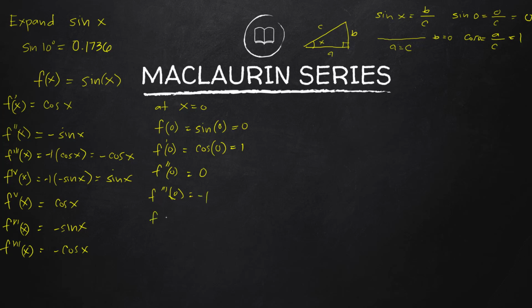Continuing, we have your fourth derivative evaluated at x is equal to 0, this will be 0. Fifth derivative, positive 1. Sixth derivative, 0. And the seventh derivative is equal to negative 1.